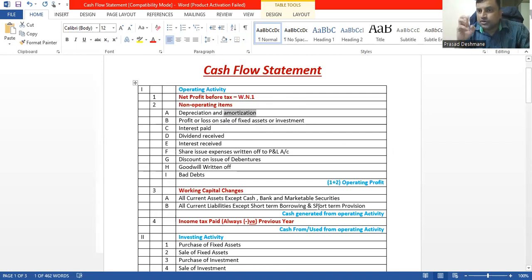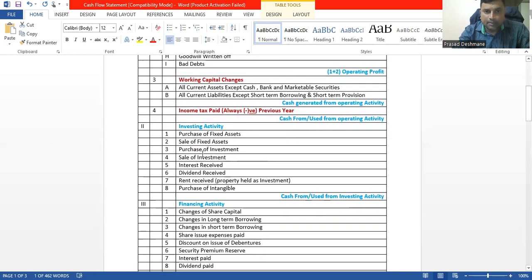It is depreciation of intangible asset. So intangible asset decrease is depreciation only, but there's a specific word given in accountancy, amortization. Clear? So buying of assets, selling of assets, purchase of investment, sale of investment, interest received, dividend received.